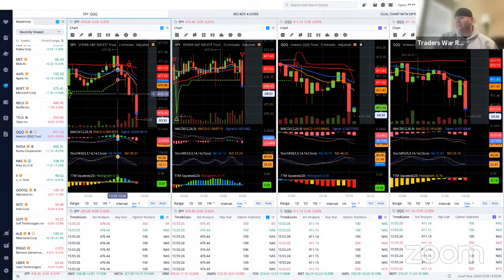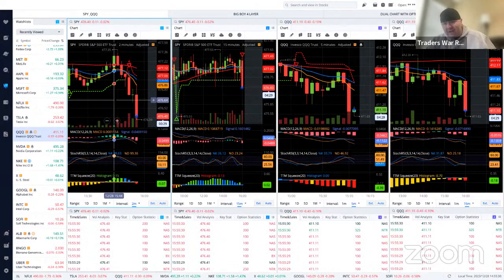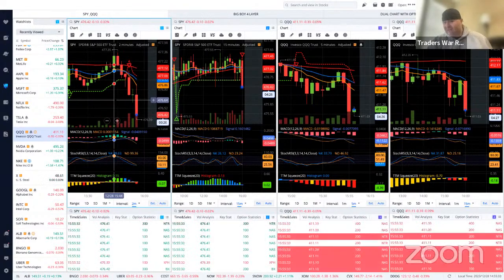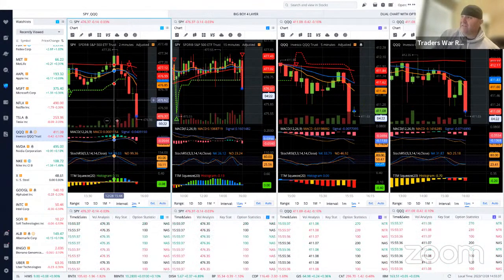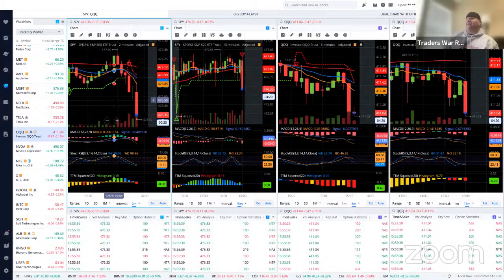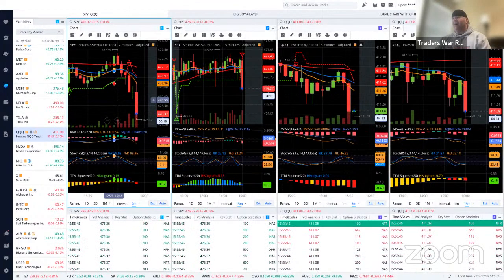The 2 minute chart's fun. The 1 minute is just too much noise, guys. And have you guys ever looked at the 30 second chart? Jeez, that one's crazy. Looking at the 2 minute, it gives us a little more price action time frame. TTM squeeze looking pretty rough.